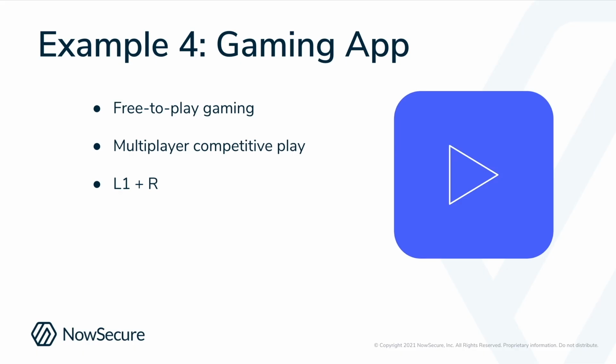The final example is the gaming app. We talked a little bit about how that gaming app might be affected, but let's actually consider how somebody might reverse engineer that app, modify multiplayer competitive play, and make themselves number one. They might change certain pay-to-play features into free-to-play. There's a ton of examples. And as a user, we wouldn't really care.